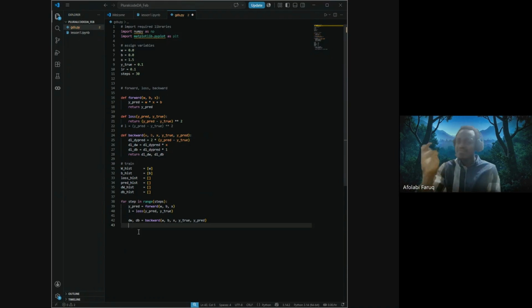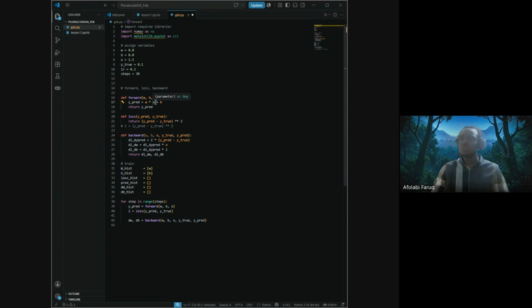What we want to see in backpropagation is the gradient updates within the weight and the bias. If you look at the equation of a straight line, the only thing that models the output prediction is the weight and the bias. The x itself is a static value. Nothing can be done about the input feature.